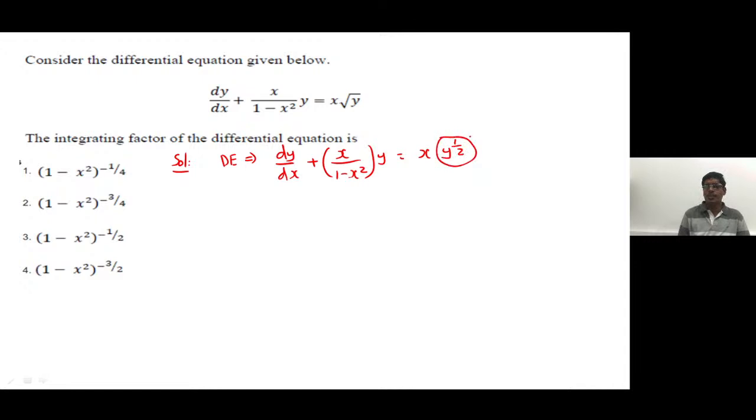So this is comparing with our Bernoulli's equation. This is y power n. This x is the Q term. This bracket, x upon 1 minus x square, is P. So let us say this equation 1 is a Bernoulli's equation in y.